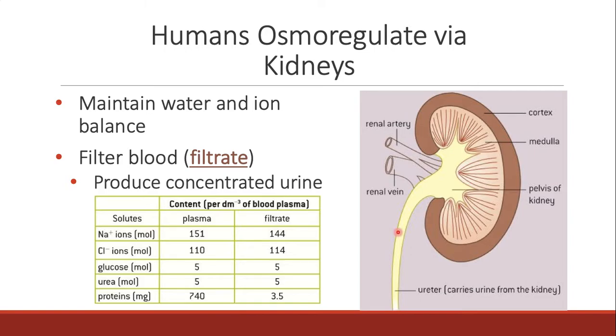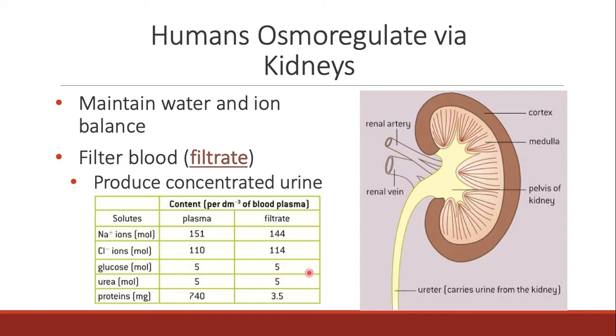We like to have around 135 to 145 moles of sodium in our body. That's kind of like our nice balance level. The chlorine, we like to have about 98 to 100, I want to say 108, maybe 92 to 108, something like that. We like to keep that amount in our bodies for chlorine.